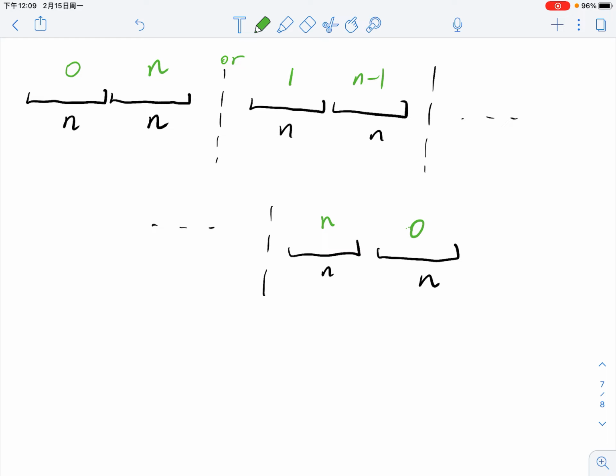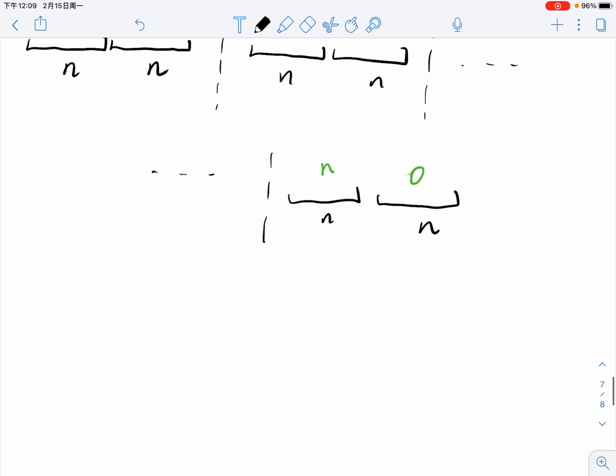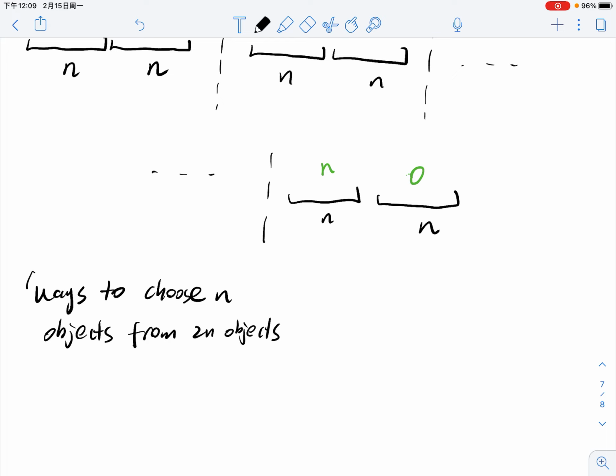Okay, so if you reformulate the problem, it counts the ways to choose n objects from 2n objects. So this set is a disjoint union, or has a partition as follows.